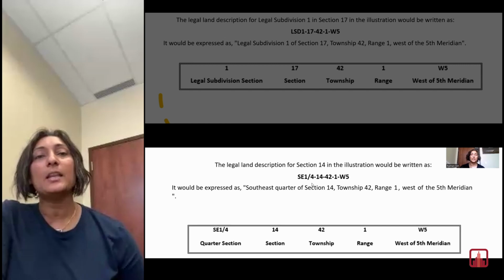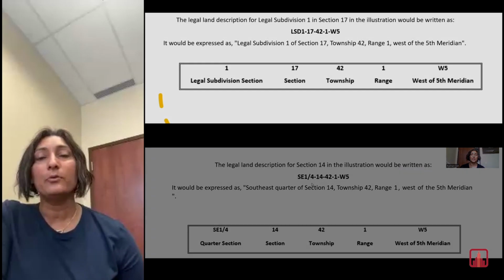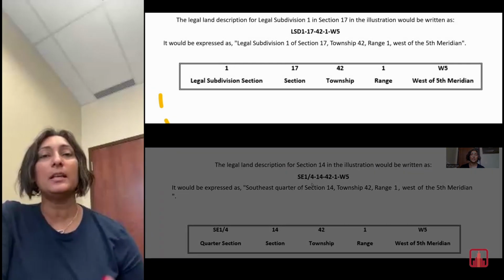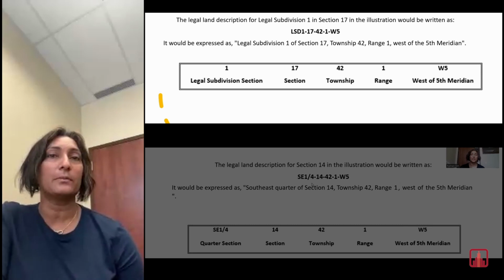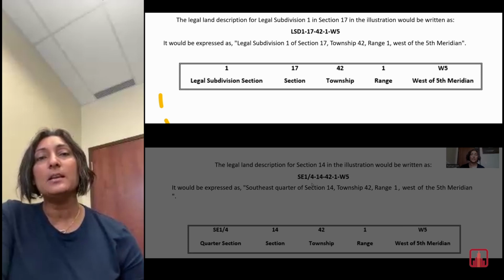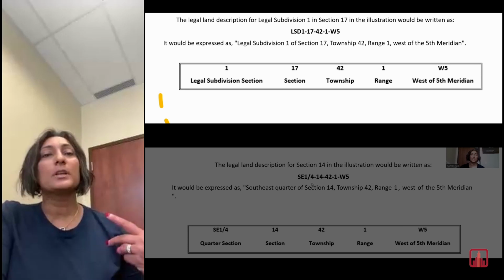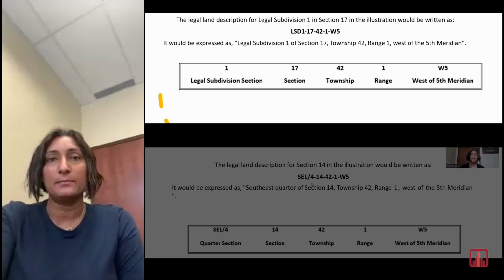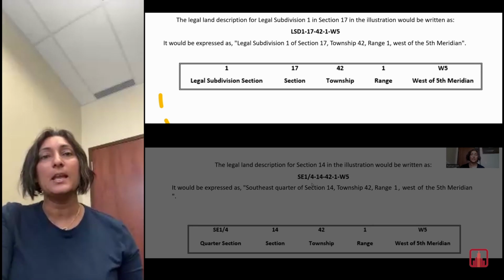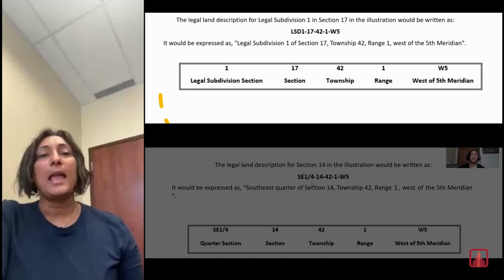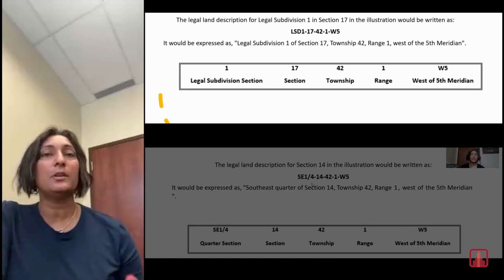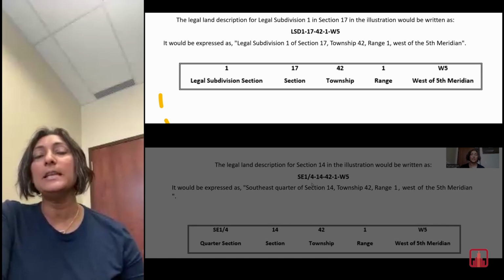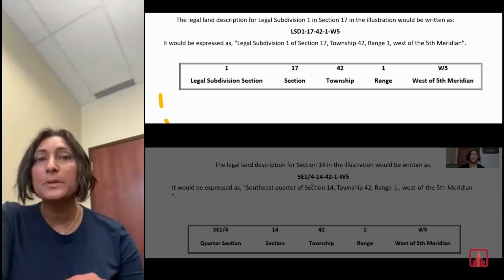Now the second option that you can have in that part would be LSD. If it says LSD, there is no quarter, it won't say 1/4. LSD stands for legal subdivision. So those are the only two options that are possible for the first one from the left. Either it will say NW 1/4 or something like that, so a quarter section, or it would say LSD, legal subdivision, and there will be a number beside that.